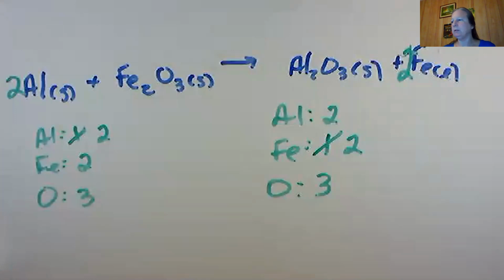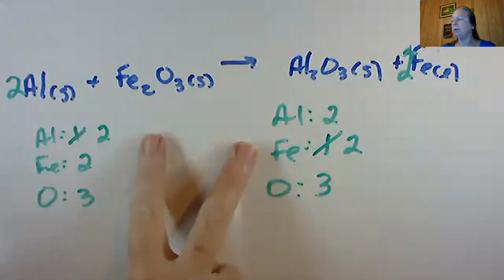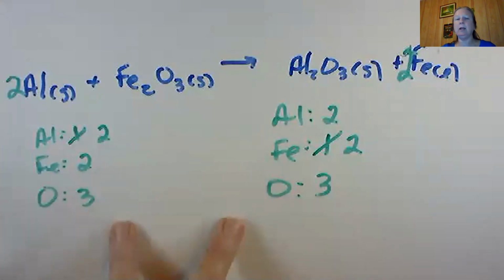So now that's balanced. Now I have the same number. I have 2 aluminums on each side, I have 2 irons on each side, and I have 3 oxygens. Didn't have to change the oxygens. So now it's balanced. So I'm going to go back to the slides.